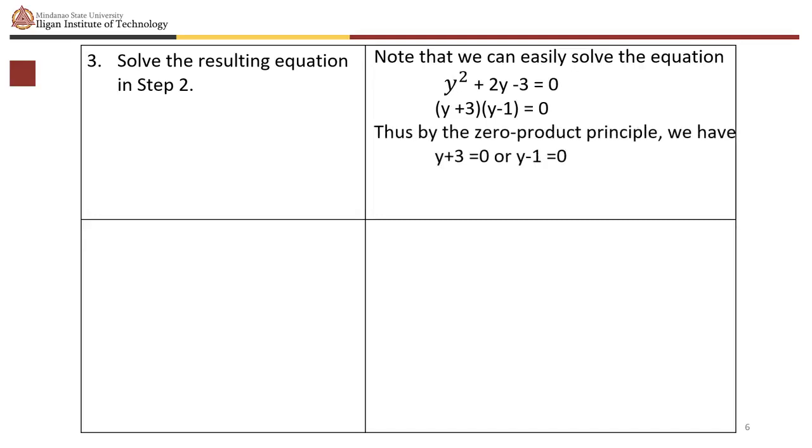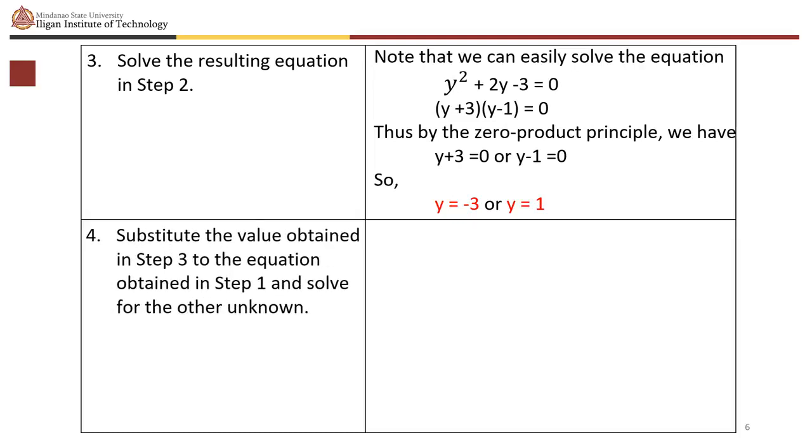So by the zero product principle, y plus 3 is equal to 0, or y minus 1 is equal to 0. And solving for y will give us y equals negative 3, or y equals 1. And then substitute the value obtained in step 3 to the equation obtained in step 1 and solve for the unknown value.